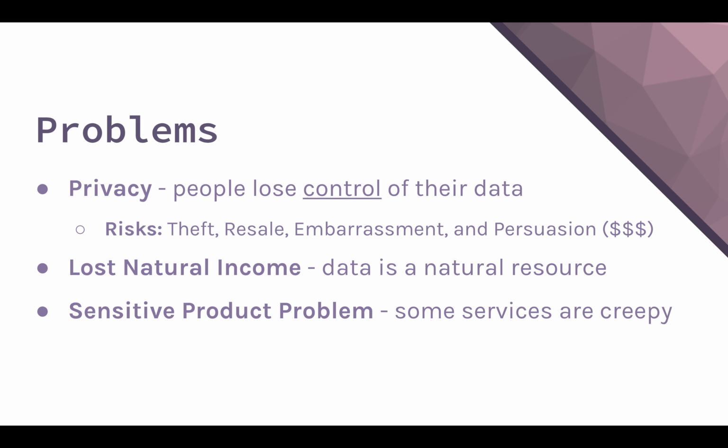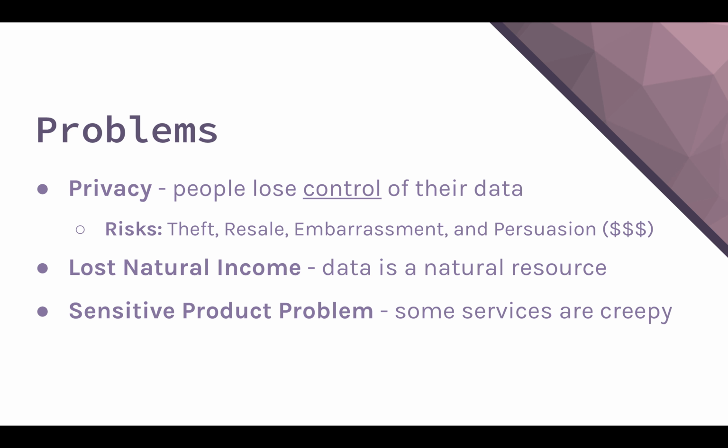Again, problems. People are losing control of their privacy, losing control of their data. No one is earning a natural income for the data that they are sharing. Data is a natural resource. True, some people may want to be a data donor, but the amount of data being shared by individuals today is at a phenomenal rate, and it should be returned in the form of an income.